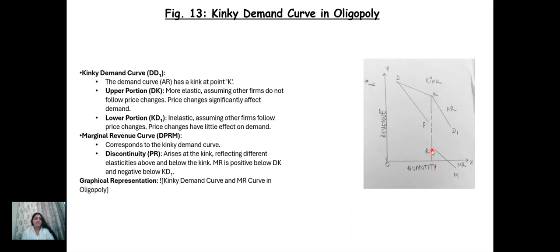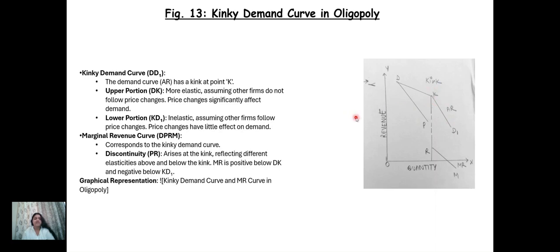This part shows the MR, marginal revenue, and K to D1 shows the AR, average revenue. This point K means kink. Here you can see the demand curve has a kink at point K.